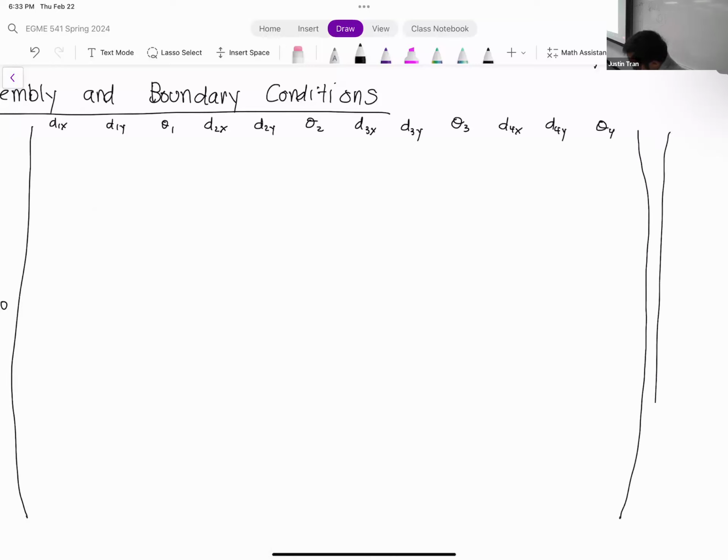All right, and then for the rows, we have D1x, D1y, theta 1, D2x, D2y, theta 2, D3x, D3y, theta 3, D4x, D4y, theta 4.